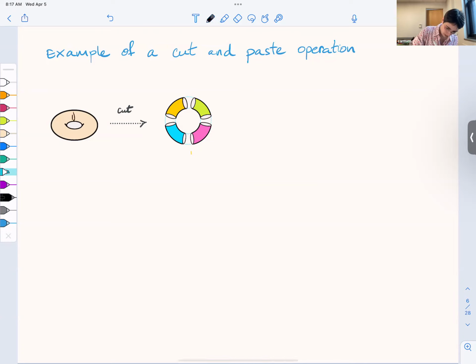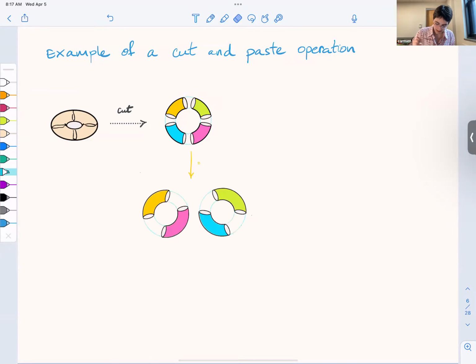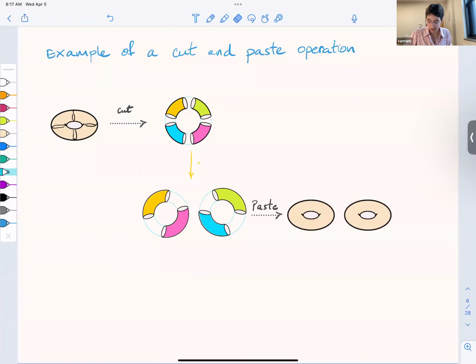So we're going to choose this submanifold, which is in various pieces. And so we do our cutting, and now we get these four pieces here. So now I'm going to rearrange my pieces in this fashion, and then I'm going to do the gluing. Also already indicated a little bit down there. So I do the gluing or the pasting, and I get 2 tori.